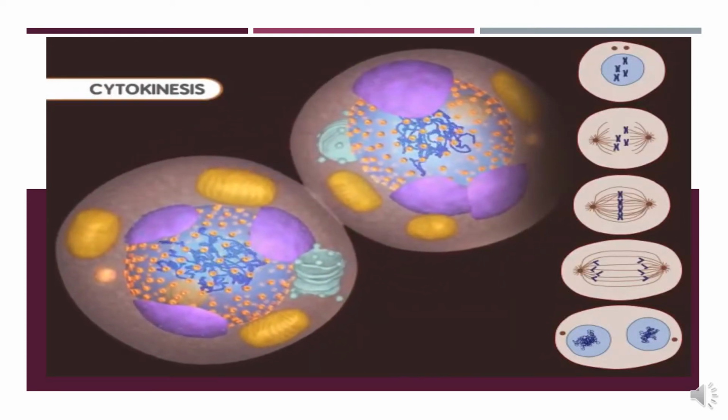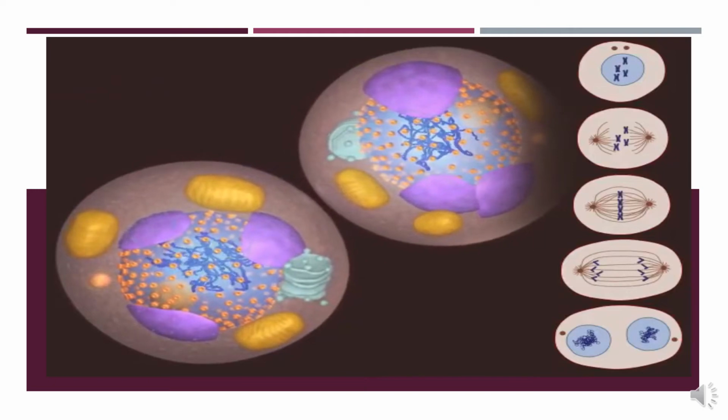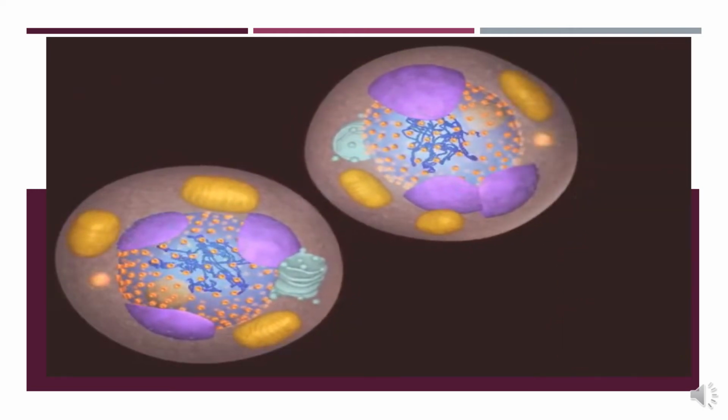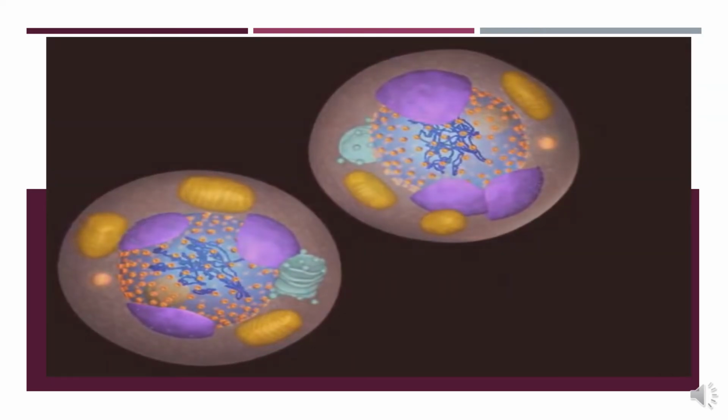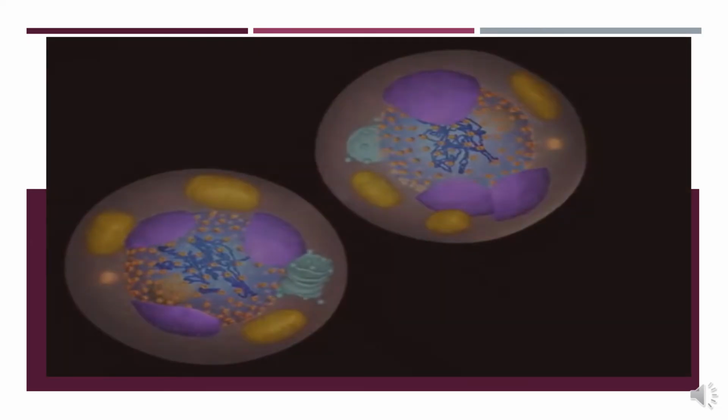Then the cytoplasm divides to form two separate daughter cells, and after that all organelles start developing in the daughter cells. So in this way two identical cells, meaning they have a similar number of chromosomes and each and every characteristic is the same.